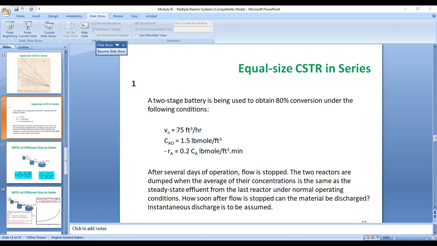So the question is, how long after the process was stopped, or how long was the normal operating condition stopped, will you also discharge the material in the two CSTRs?